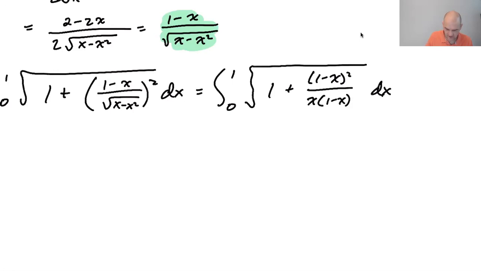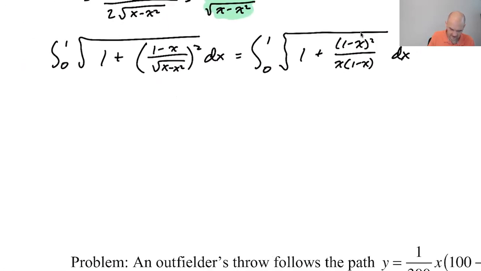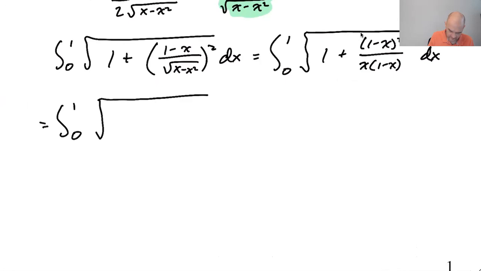And you see, some stuff is happening here, I think. So this is going to be the integral from 0 to 1 of the square root of, I don't know, is magic going to happen? Maybe 1 minus x, because you can cancel over x dx.